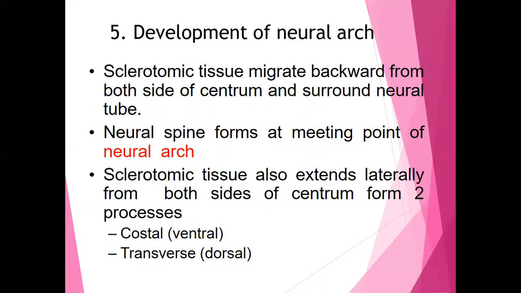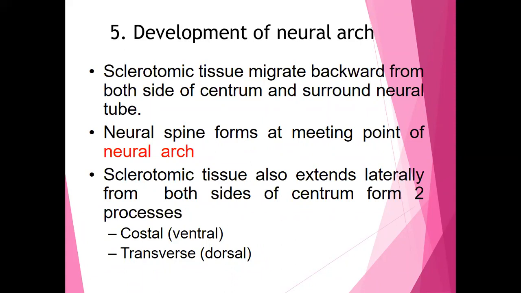Sclerotomic tissue migrates backward from both sides of the centrum and surrounds the neural tube. If you remember, in the third week when folding has not occurred, the baby has a flattened structure.